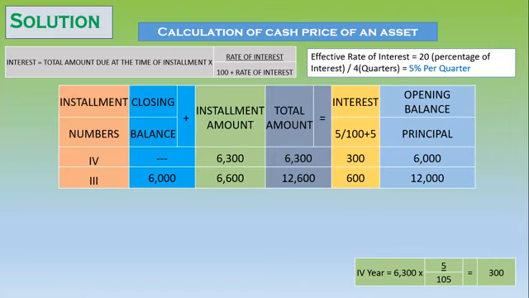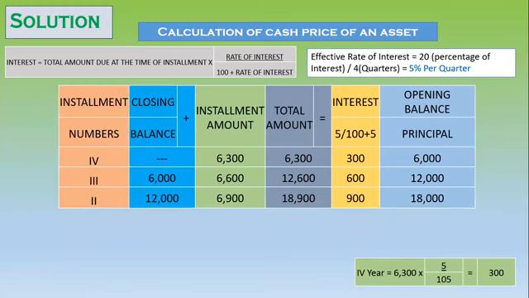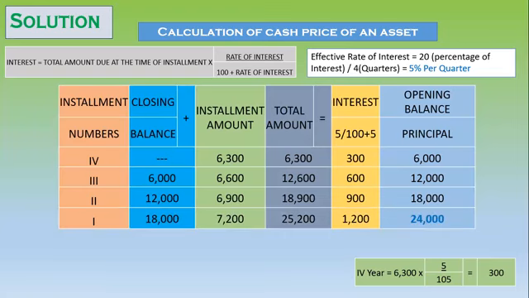This 12,000 will be the closing balance of the second quarter. Now the closing balance is 12,000 and the installment amount paid for the second quarter is 6,900, so the total is 12,000 plus 6,900, which is 18,900. The interest amount is 18,900 multiplied by 5 divided by 105, which gives 900. The opening balance is the total minus interest, so you get 18,000. This 18,000 will be the closing balance of the first quarter.